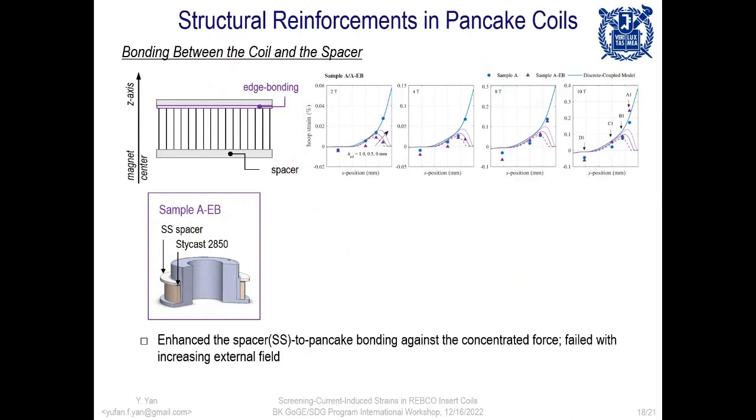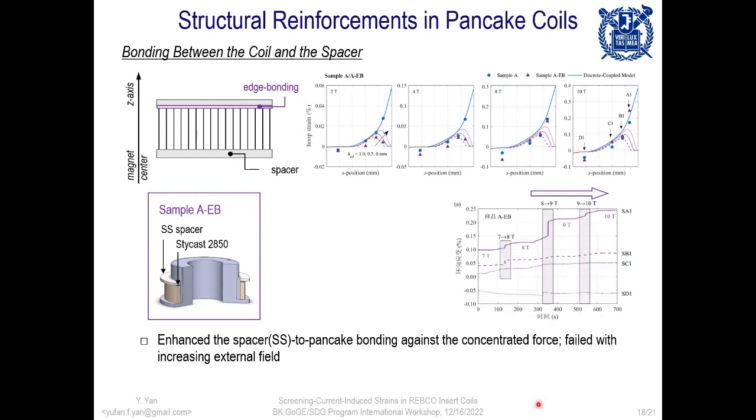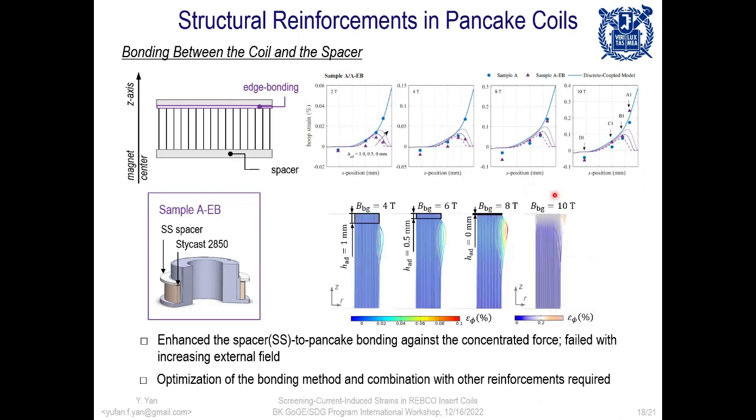In a low external field, this method can enhance the spacer to pancake bonding against the concentrated force. But unfortunately, at around the applied field of 8 to 9 Tesla, the bonding between those two parts failed with the increasing external field. So to ultimately use this in applications, we will have to find further optimizations and improve the bonding method.